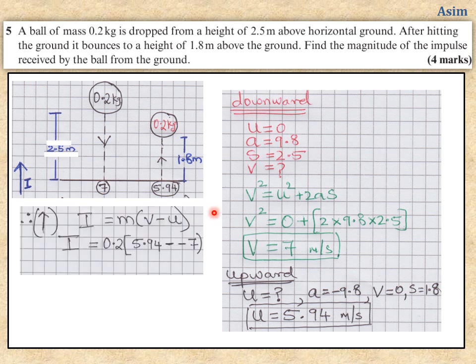Now, find the magnitude of impulse received by the ball from the ground. So from ground to ball, this is the direction of impulse. You have to be very careful with that. If I take this as positive, impulse is mv minus mu, m common, m(v minus u). v is the velocity after impact, and u is the velocity before impact.